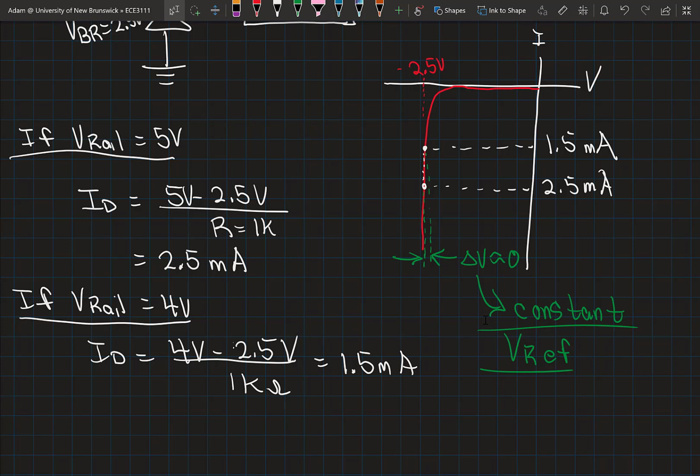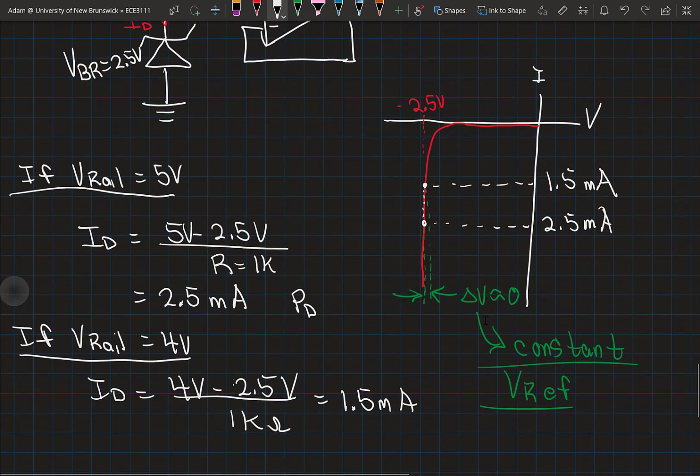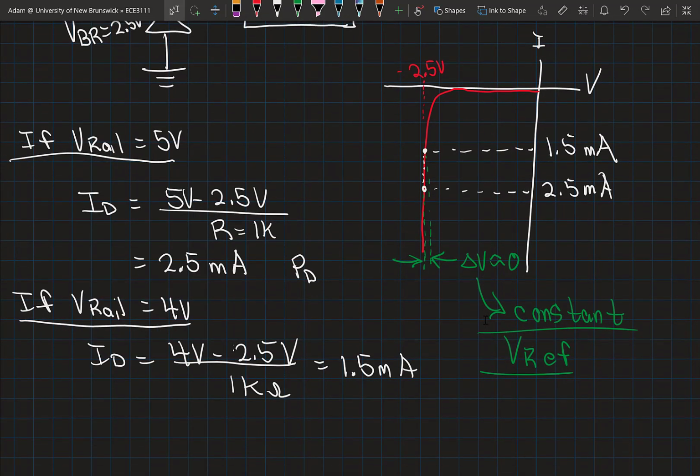The other thing we should be thinking about in choosing our diodes here is the power. That Zener diode is dropping 2.5 volts, and its current is 2.5 milliamps. So here the diode needs to dissipate 6.25 milliwatts, whereas in this case the Zener diode is dissipating 3.75 milliwatts.